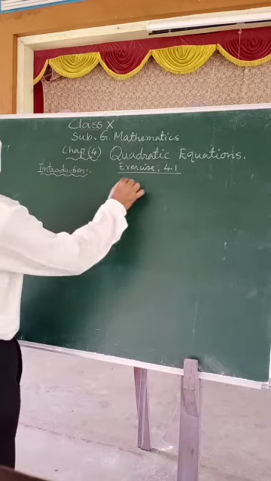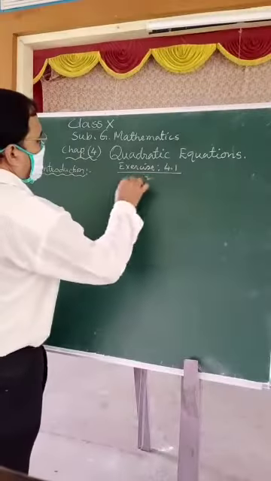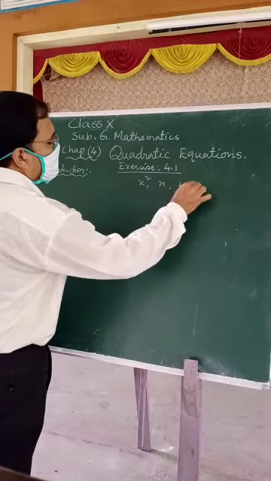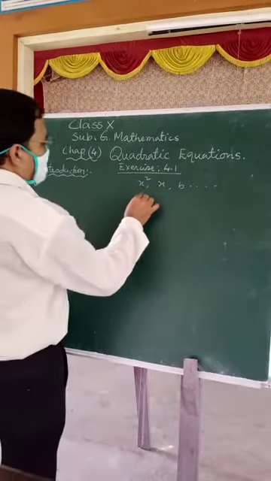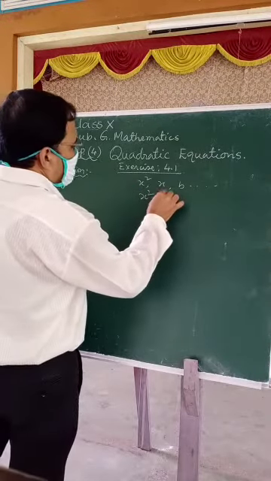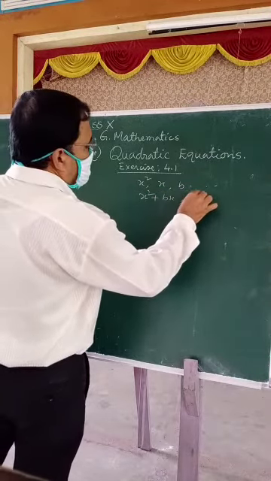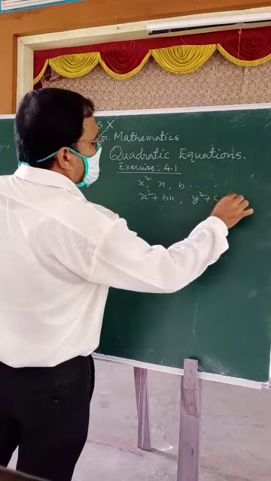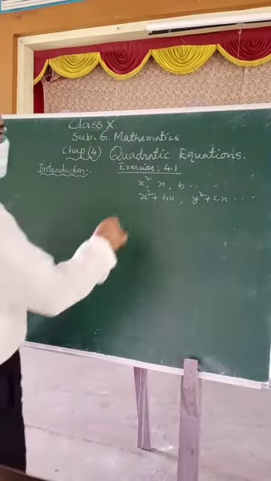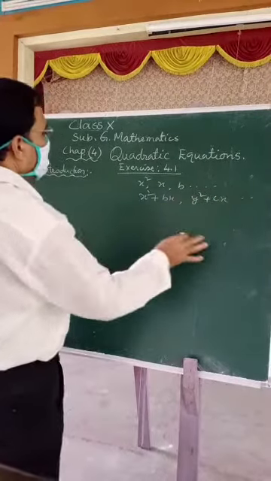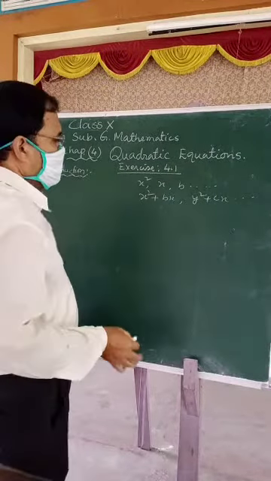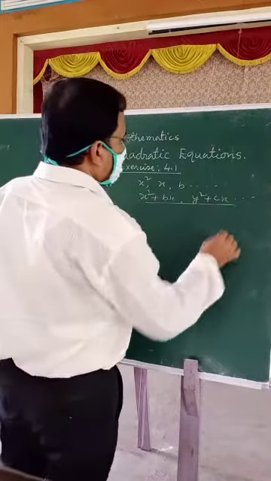For example, x, x square, bx are monomials, and x square plus bx, y square plus cx, etc. are polynomials. More than one term is a polynomial.